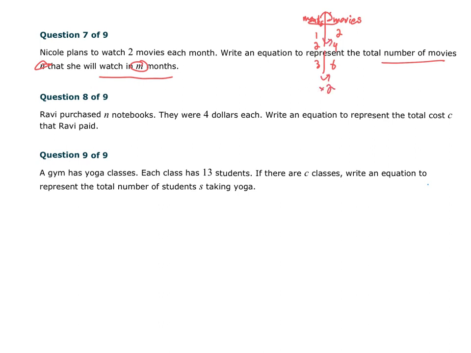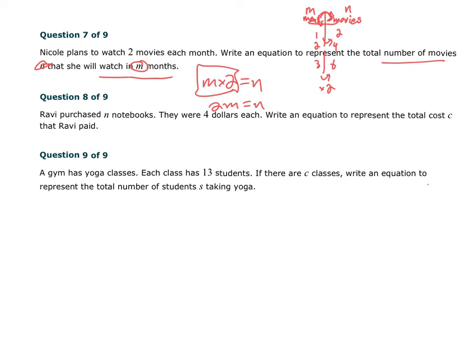So if months is M and movies is N, M times 2 equals N. We don't write it like this. We write it 2M equals N. Okay, we can just plug in some to check, make sure that works.